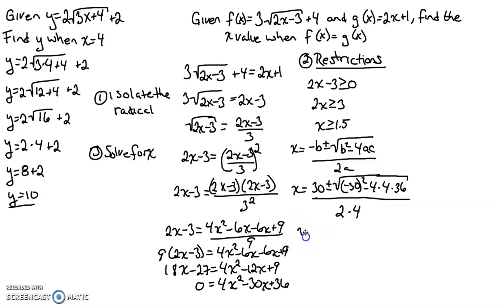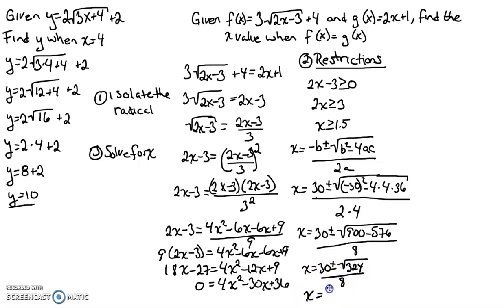So let's combine some of this. X equals 30 plus or minus the square root of 30 squared, which is 900, minus 4 times 36, which is 576, all divided by 2 times 4, which is 8. So x equals 30 plus or minus the square root of 900 minus 576, which is 324, all divided by 8.